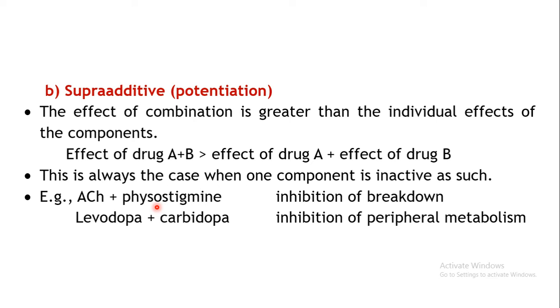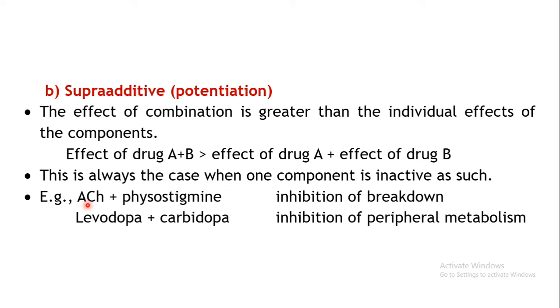Whereas in the earlier case we have seen aspirin and paracetamol, both of them have analgesic property, right? But that is not the case over here. Here in that pair, one of the drugs is inactive. So physostigmine does not have that therapeutic property. How does it potentiate the action? It just inhibits the breakdown of acetylcholine.